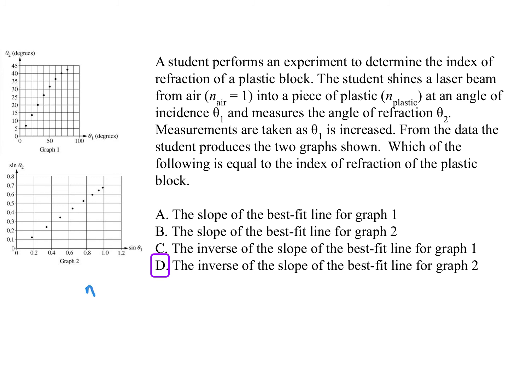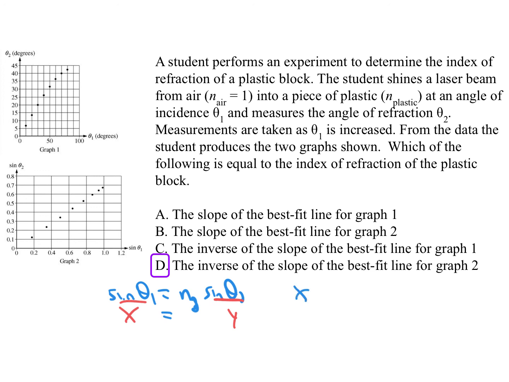Well, remember that we have n1 sine θ1 equals n2 sine θ2. Of course, really we don't have an n1, or rather it's invisible because it's 1. So we have something like sine θ1 is n sine θ2. But our axes are such that we have this on the x-axis, and we have sine θ2 on the y-axis.